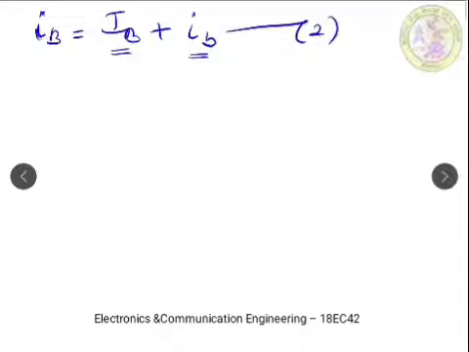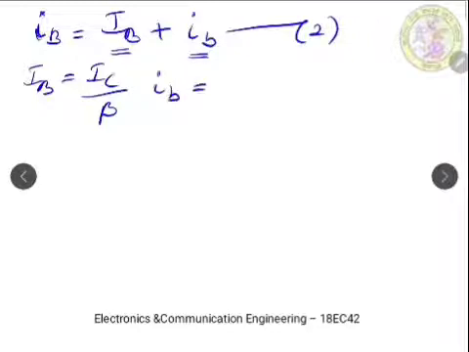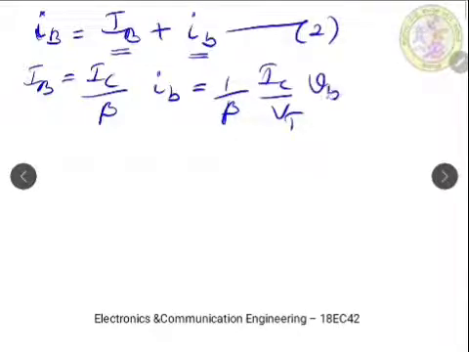We know that IB is given by IC by beta, and small ib is equal to 1 by beta into IC by VT into vBE. These are the components.